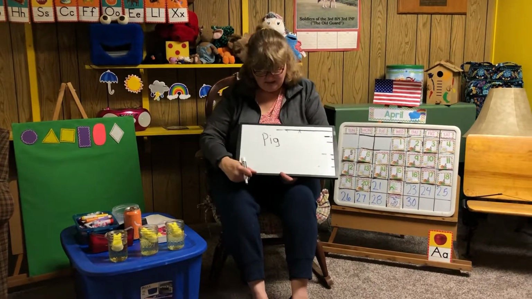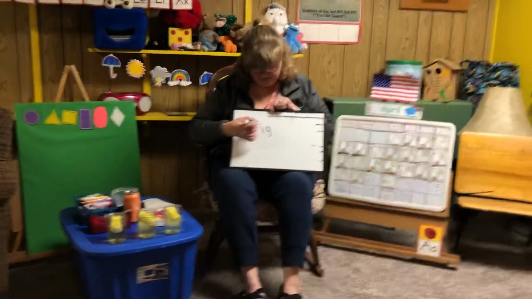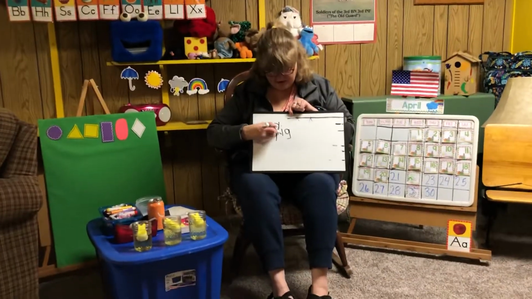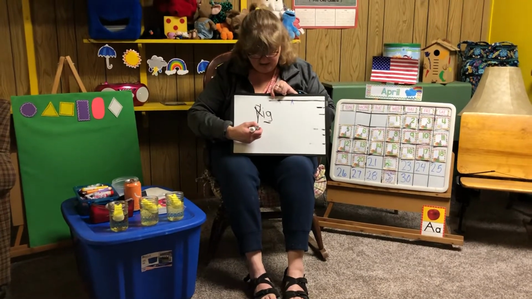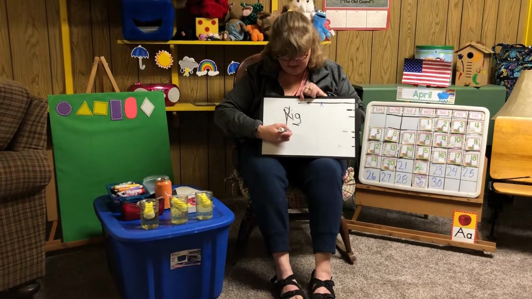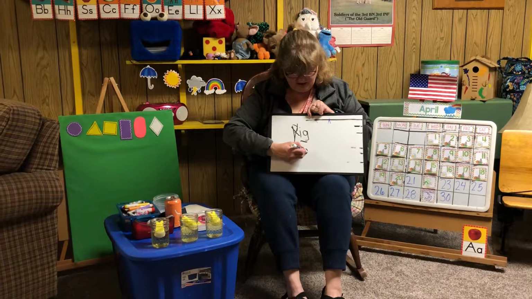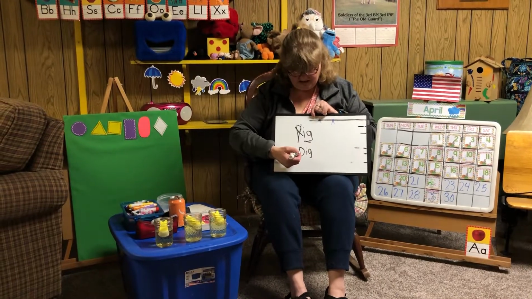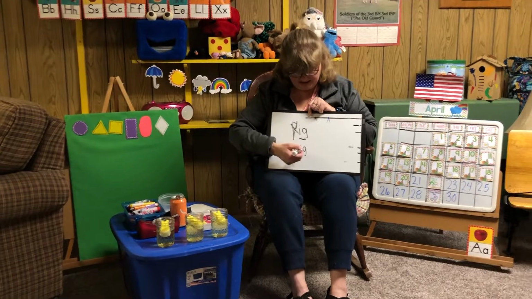So with rhyming, we take this first letter off of the word. So now we just have ig. And we can put any other letter in front of it. Like if I put a D, what sound does D make? Duh. Then we have the ig. So it's dig. So we have pig, we take it off, and we make dig.